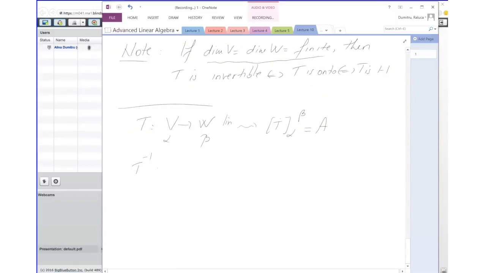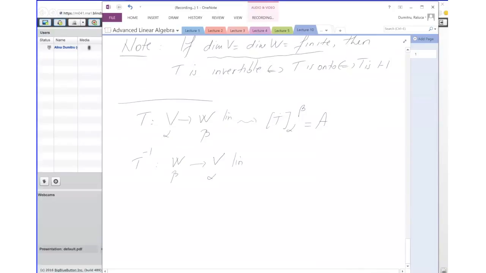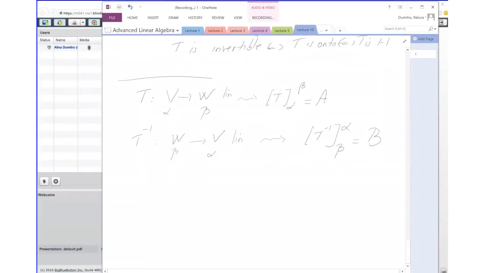There exists T inverse going from W to V. The inverse of T, which is also linear, because we just proved that. The inverse going from W to V, so from beta to alpha, will have a matrix associated to it, B, right?